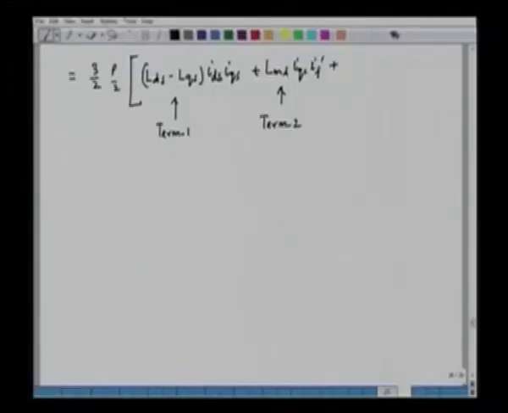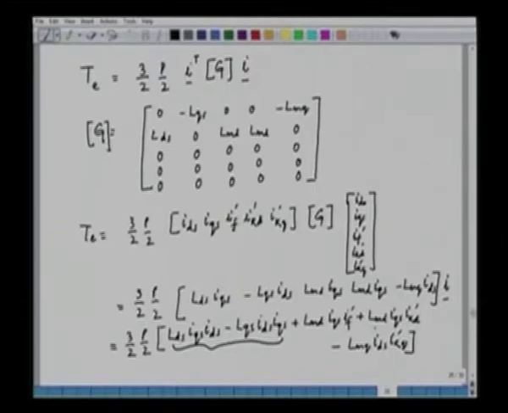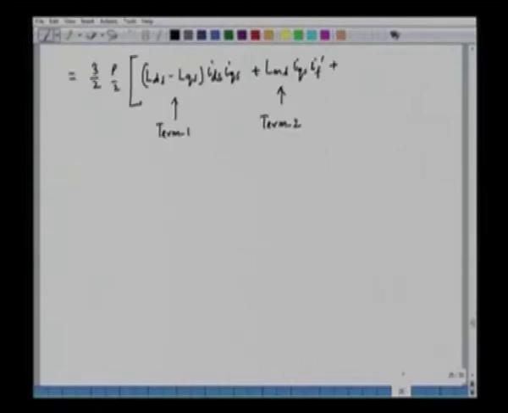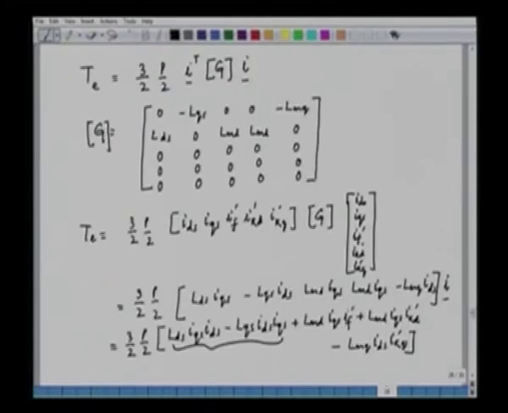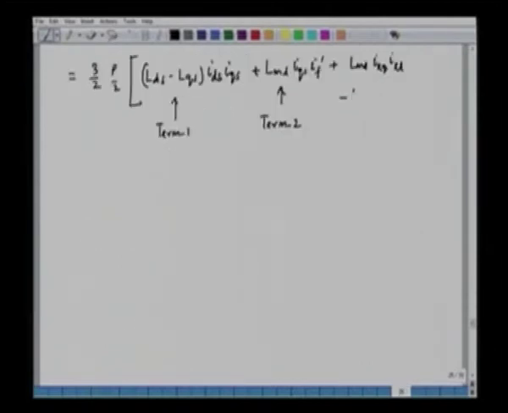And what about the third torque? We can see the third term: LMD IKQ IKD minus LMQ IDS IKQ.